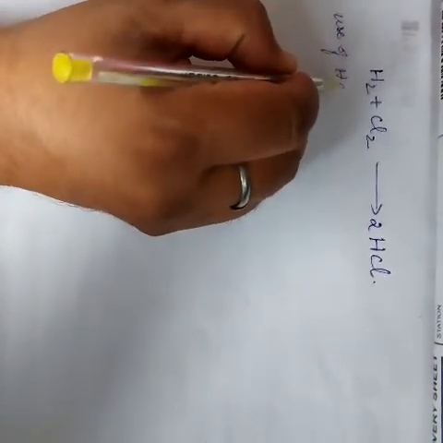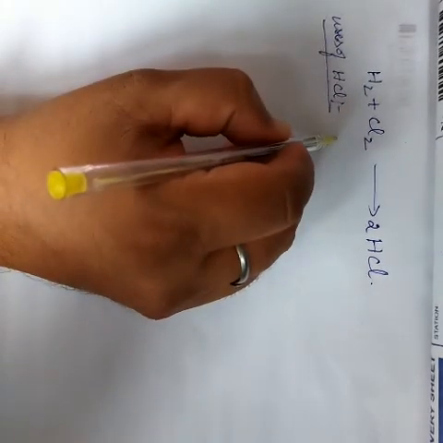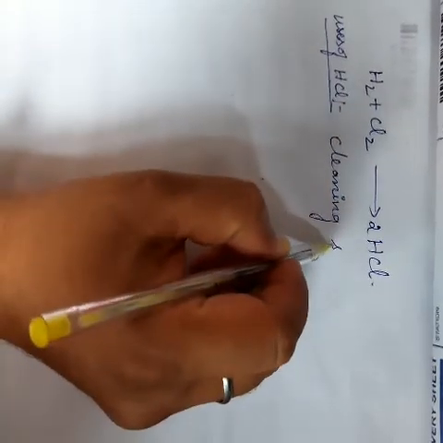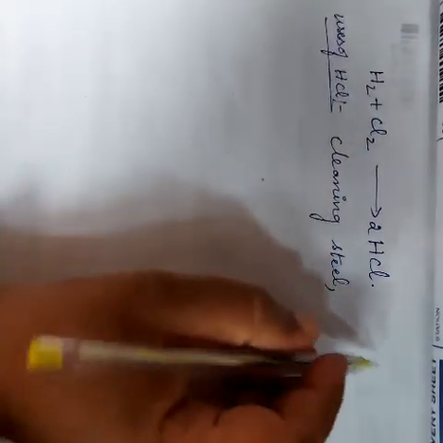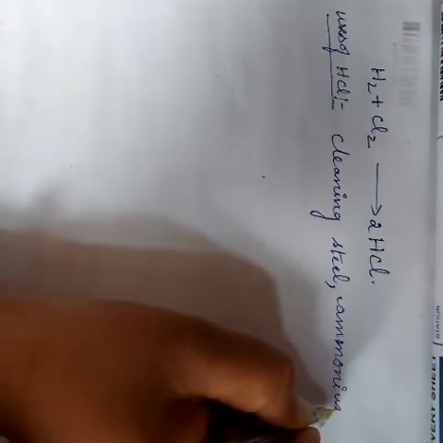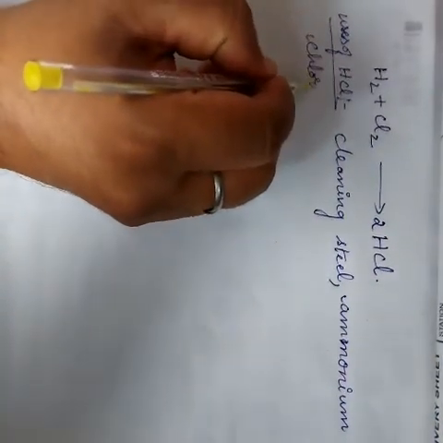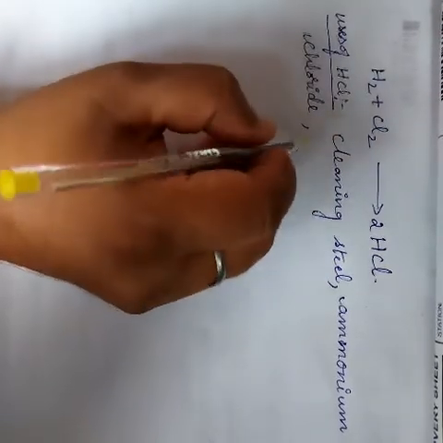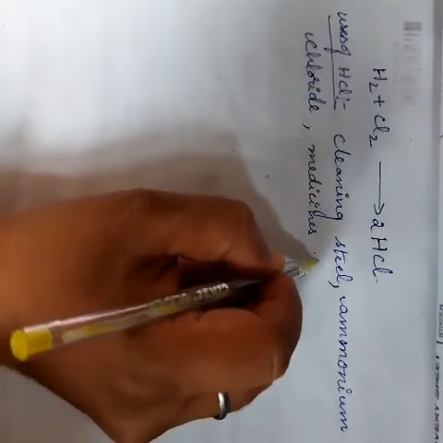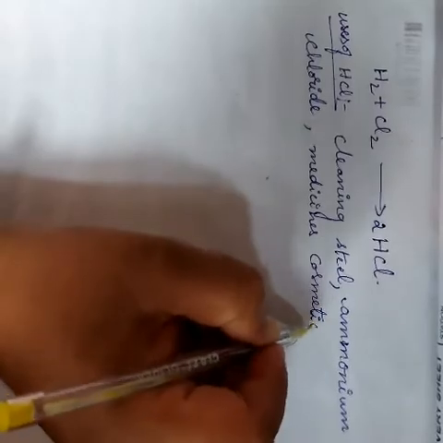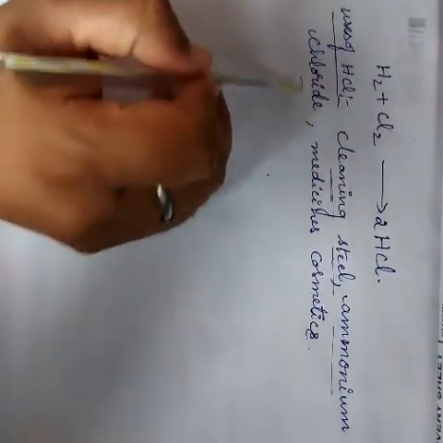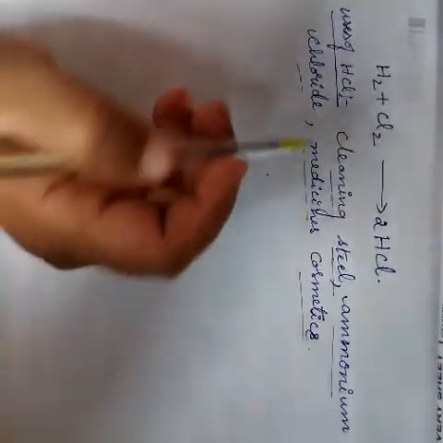Uses of hydrochloric acid: it is used in cleaning steel, for making ammonium chloride, making medicines, and in cosmetics, etc. Okay, so the uses of HCl are cleaning steel, making ammonium chloride, in medicines, and then cosmetics.